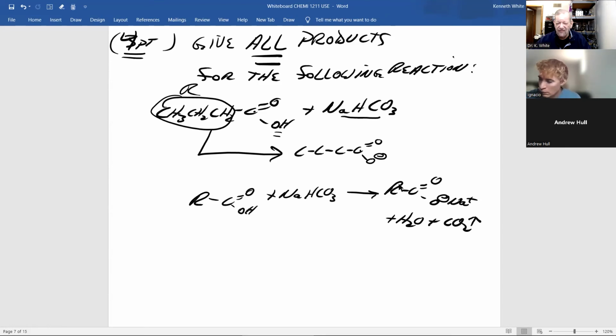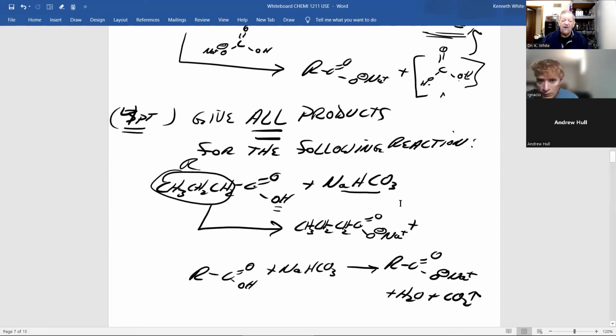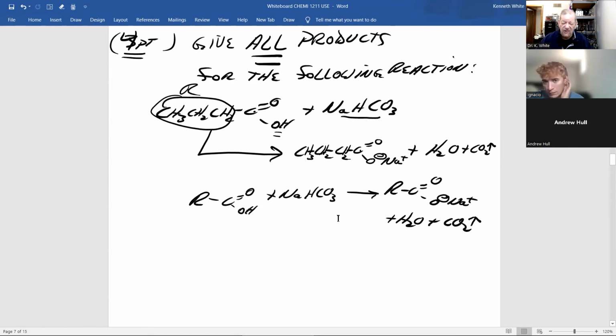This will now have a carboxylate anion, plus, since it asked, give all products, water plus CO2 given off as a gas, and that's what the arrow up means. Remember, this is all stuff for test number 3, not test number 2 that I'm giving this Wednesday.